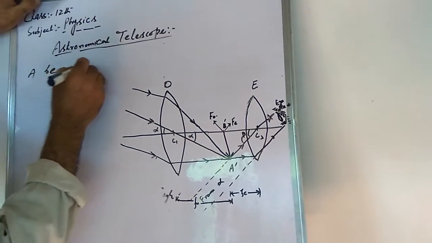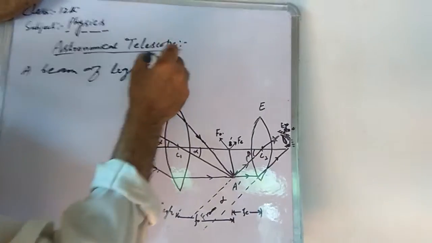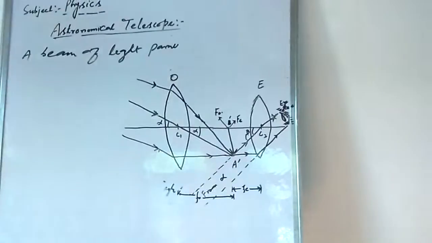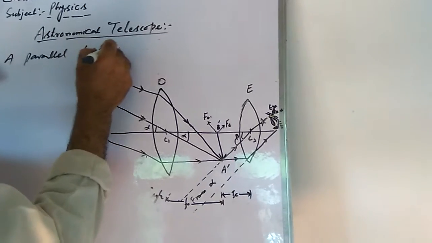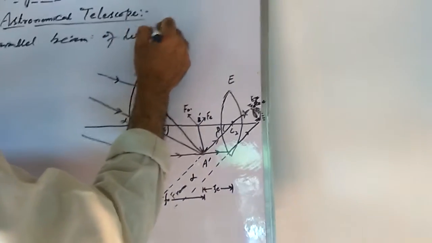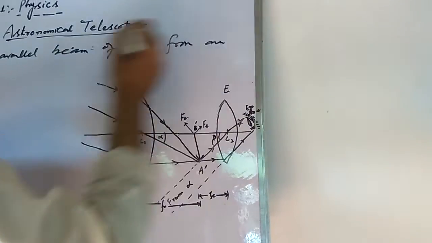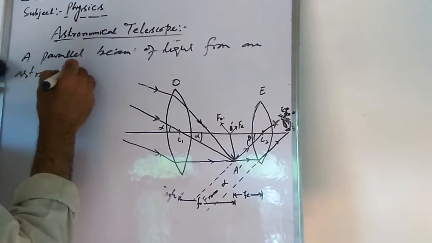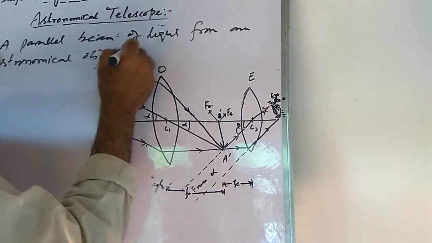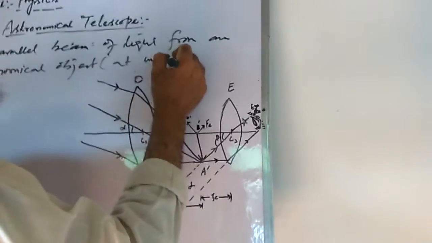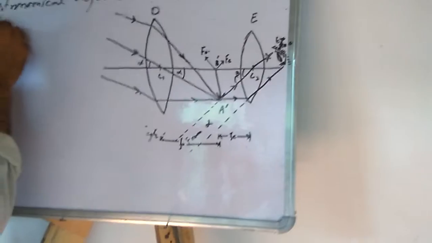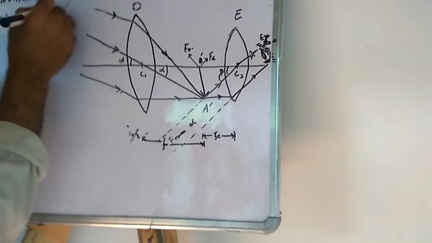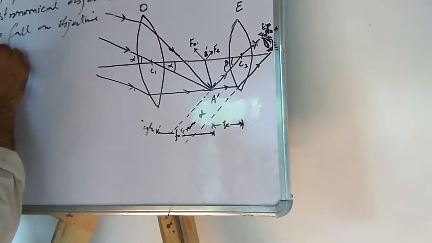I will write it here: a parallel beam of light from an astronomical object which is at infinity is made to fall on the objective lens.